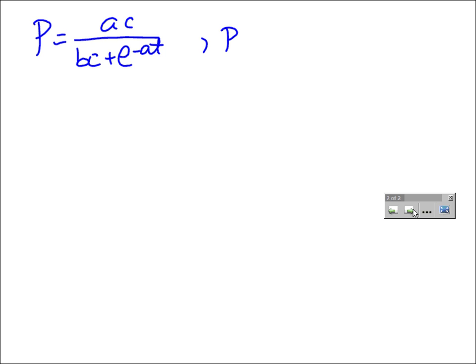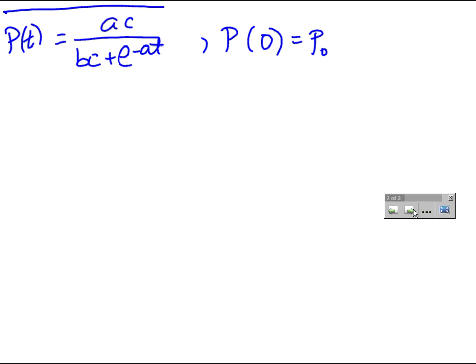And suppose that p of 0 is p sub 0. The initial population is p sub 0. I can solve for c now. Remember, this is p of t.